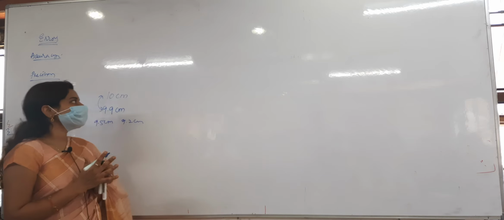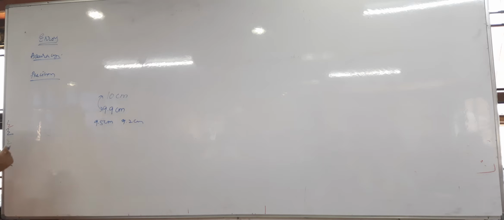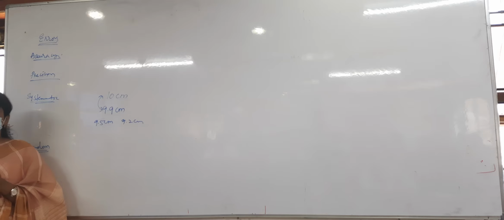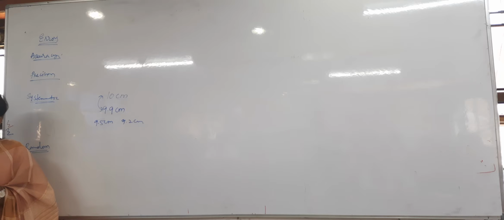In these errors, we mainly have two types: systematic errors and random errors. Systematic errors are those for which we already know the reasons. But first, what does error mean?